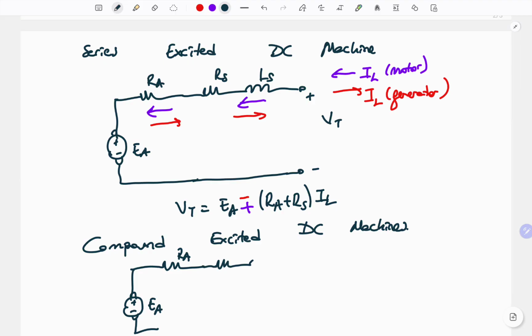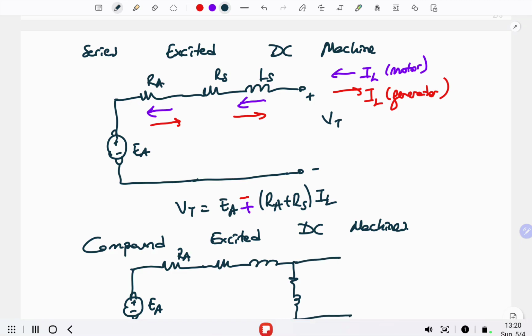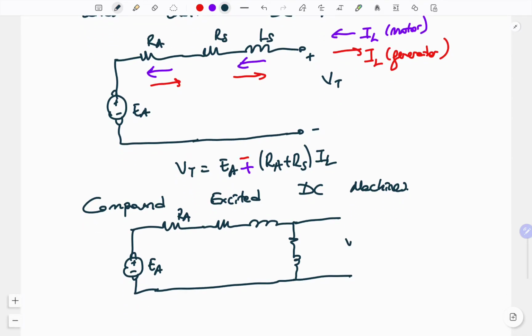Then we have a series, then the parallel connection, let's say. So this is one of the compound excited DC machine equivalent circuits. VT, RF, LF, the current flowing through that part, RS, LS, and the current flowing through that part will not change in motor or generator operation.